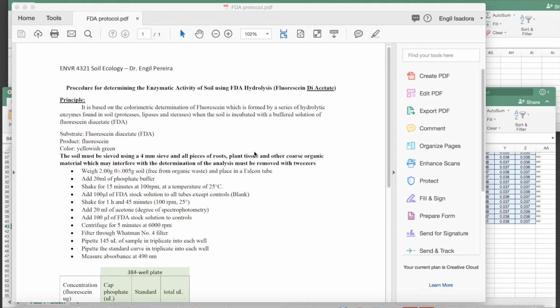So we chose this method, the fluorescein diacetate, because when the microorganisms are active in the soil, releasing a lot of enzymes to break down organic materials or to scavenge for phosphorus, they are able to hydrolyze, to break down this fluorescein diacetate that we're adding to our samples.